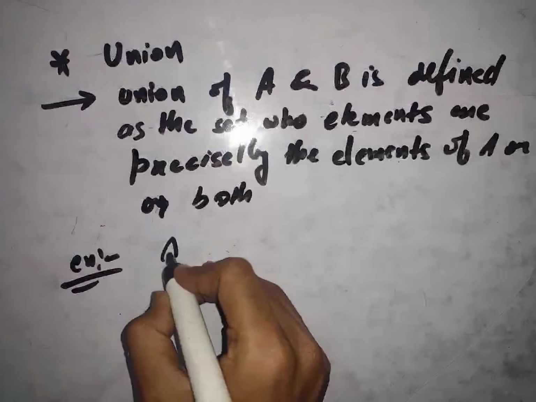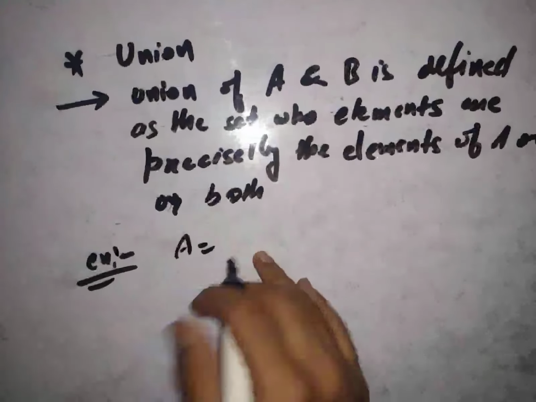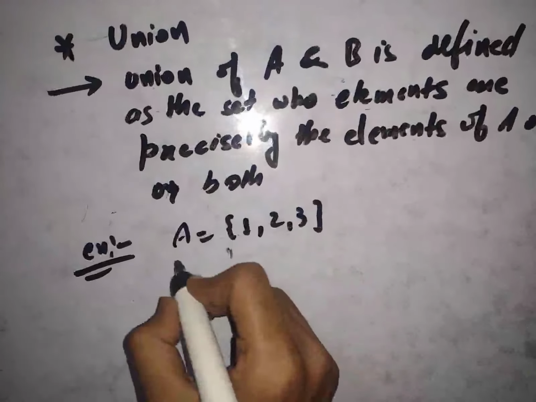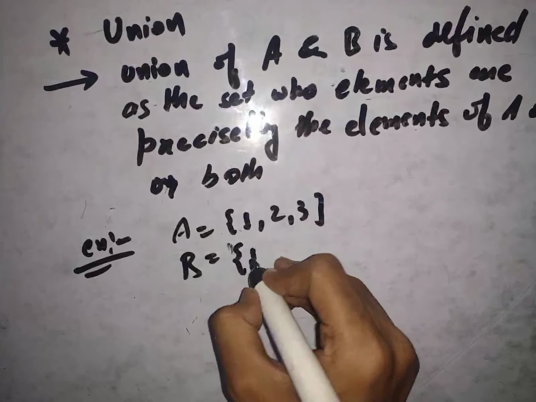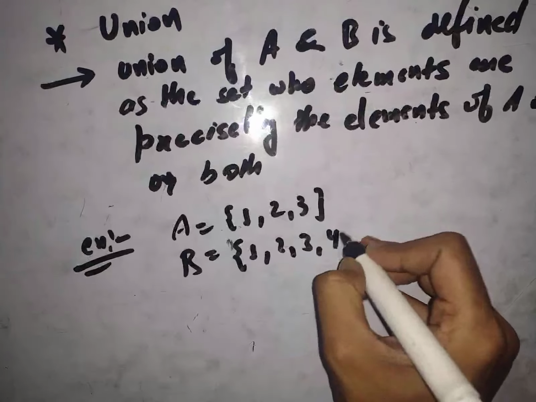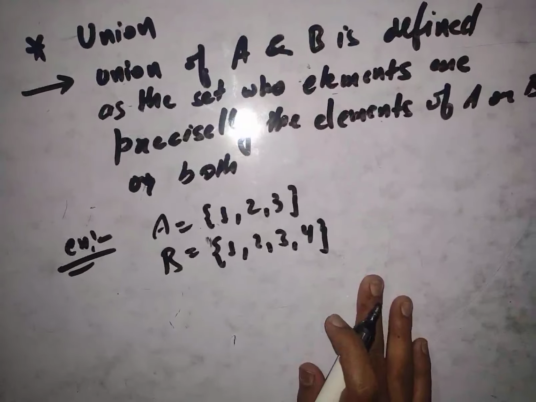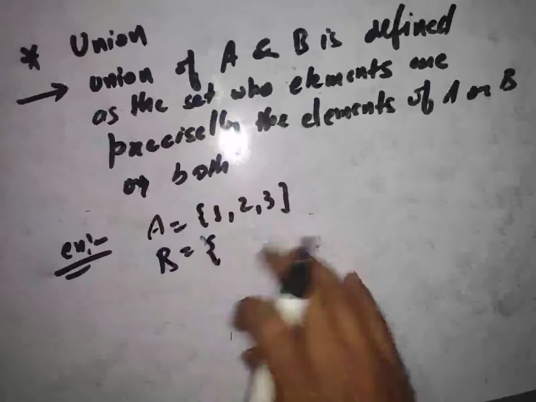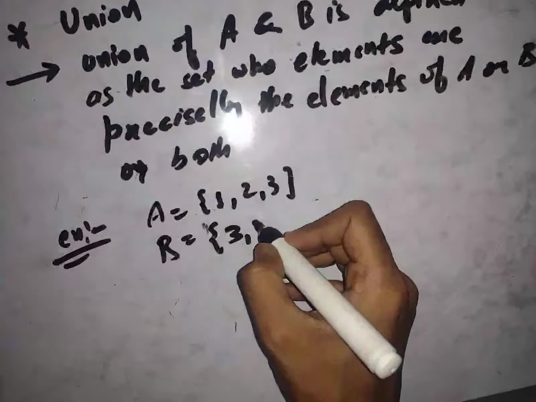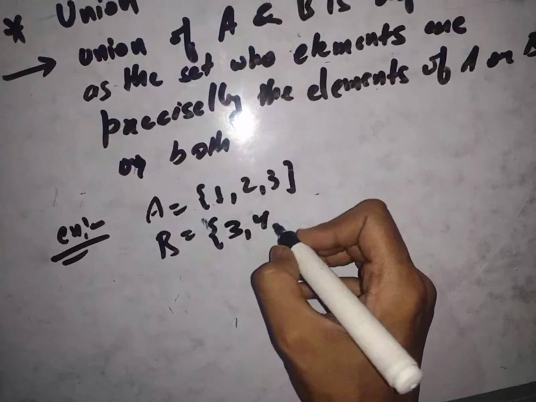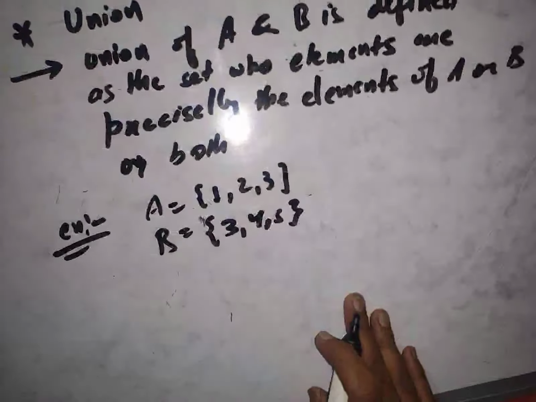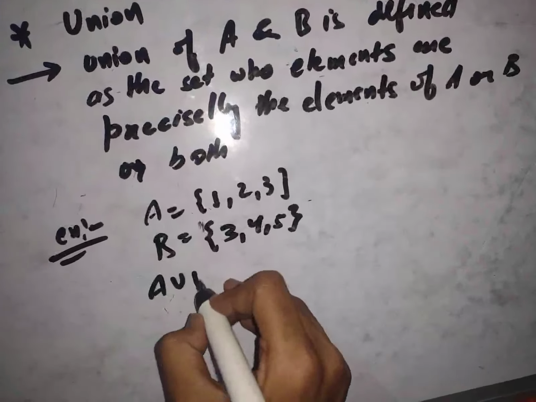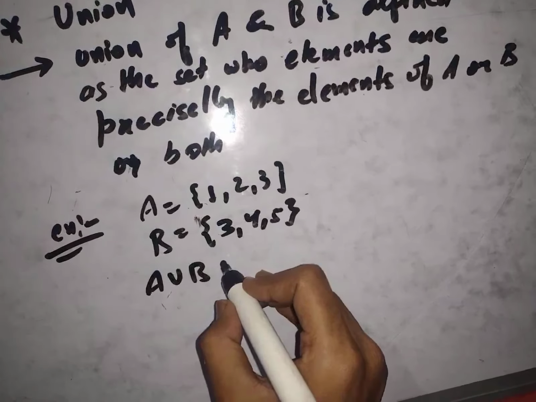So let's take a set A as 1, 2, 3 and B as 3, 4, 5, so let's keep the number of elements the same.